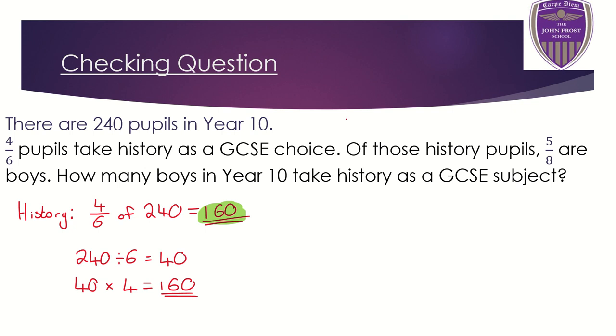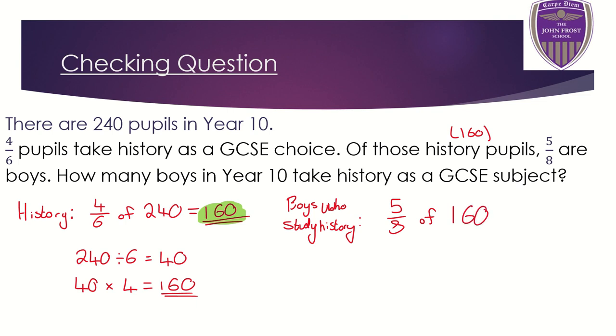The next part says, of those history pupils, the 160, 5/8 are boys. How many boys in year 10 take history as a GCSE subject? So now the final amount we need, the boys who study history, that is going to be 5/8 of our 160. So we're calling back on that number we just calculated.